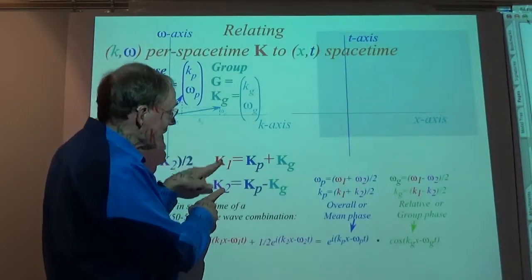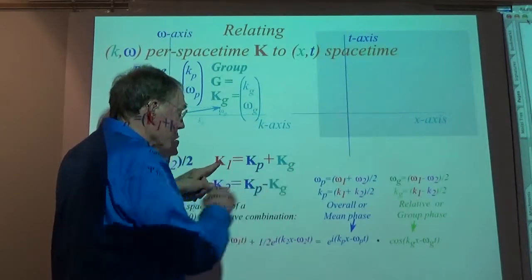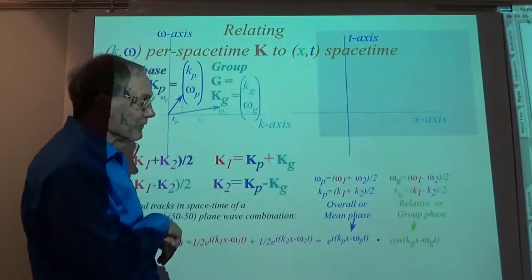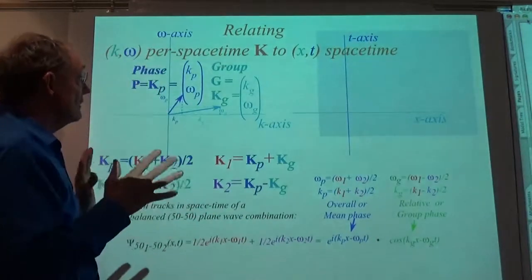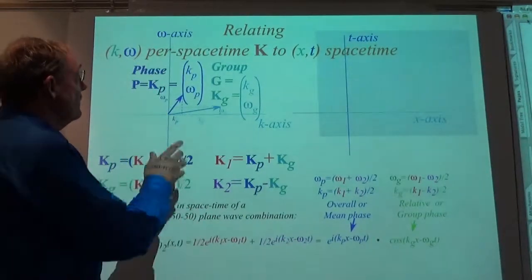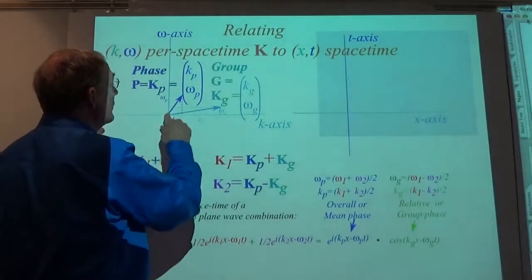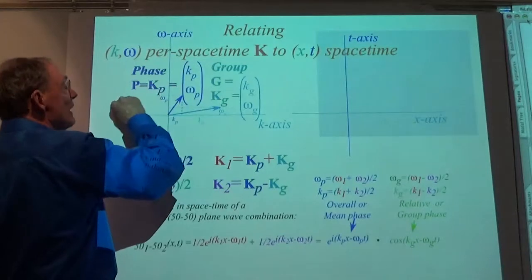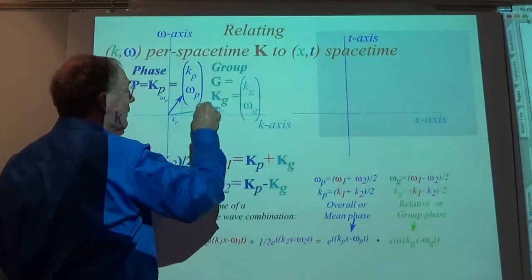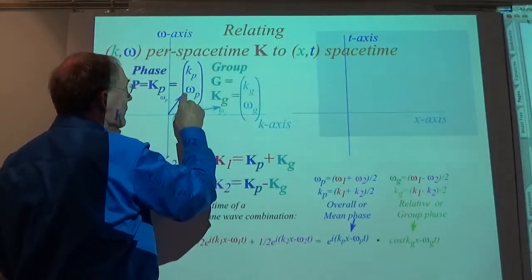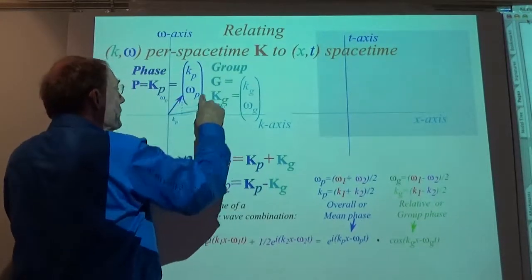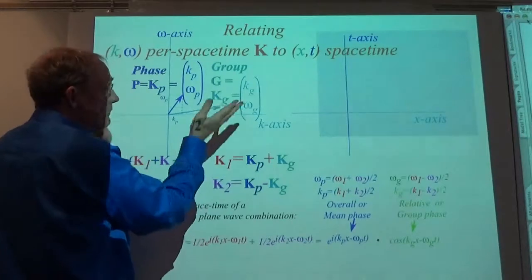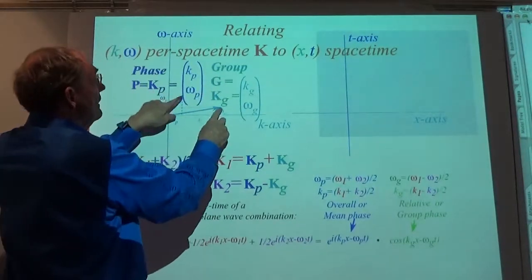My source will be a K1, which is the sum of the phase and the group, and my other source will be a difference of the phase and the group. So this is just, let's pretend that these are my phase and group vectors. There's a dispersion function coming along about like there, but these are just 2 points on it. The dispersion function might go all crazy in between and come back here. That doesn't matter because we're only exciting these two.